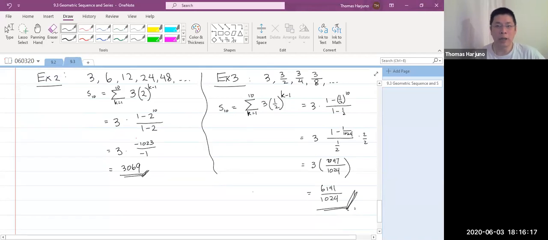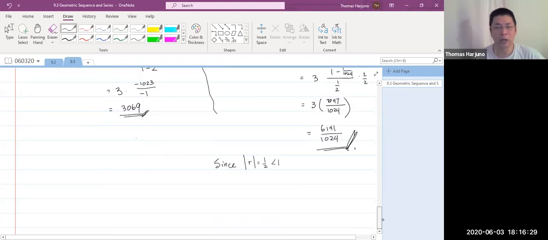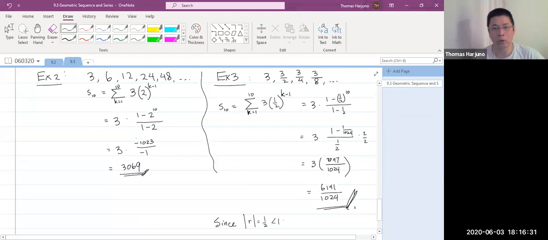Now, in this case, since the ratio is 1/2, which is less than 1, the infinite sum will not go to infinity.